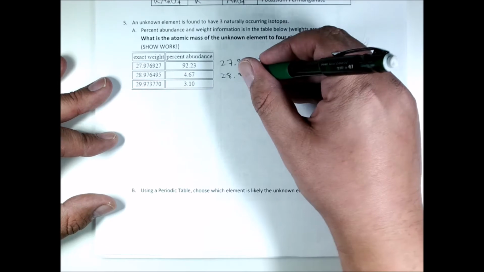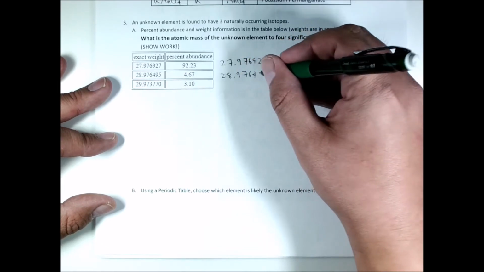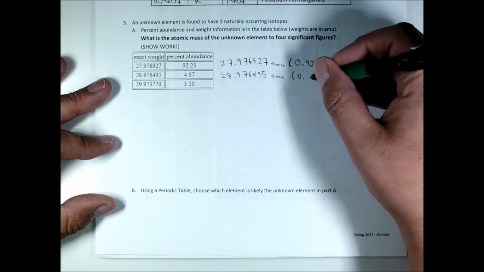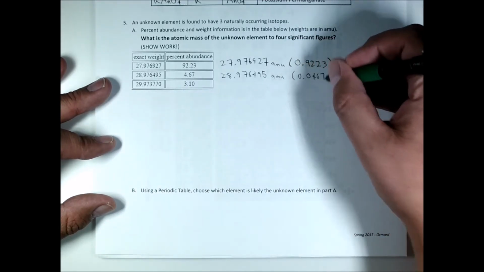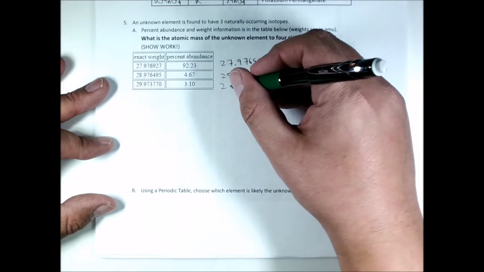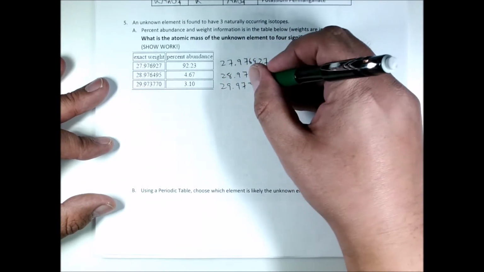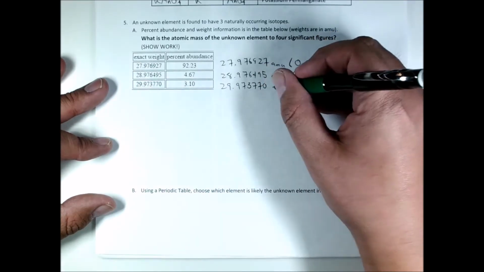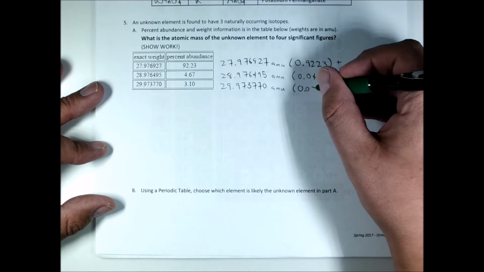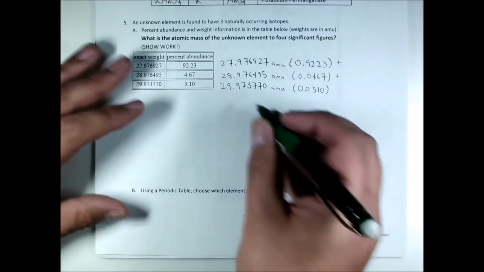So 28.976495 AMU. And then here 0.0467. Plus the last one, 29.973770 AMU times the fraction, like so.